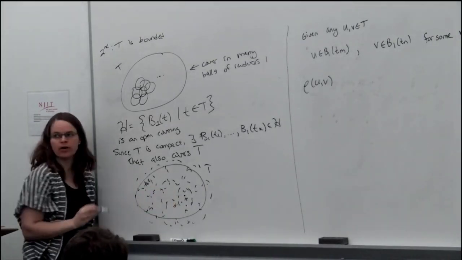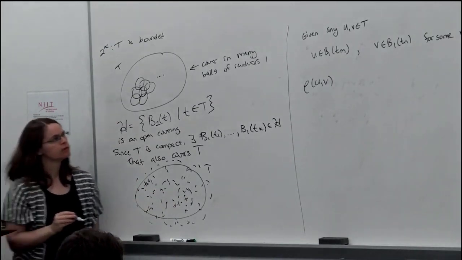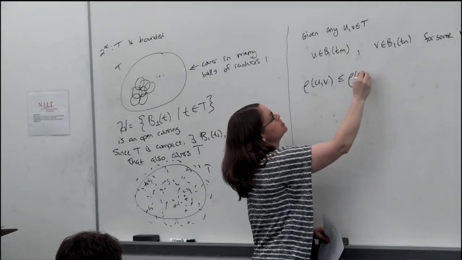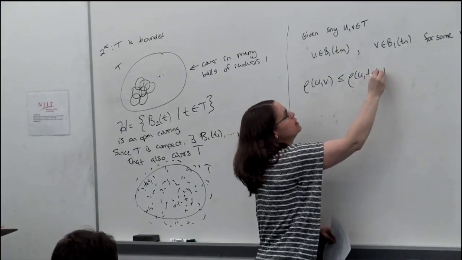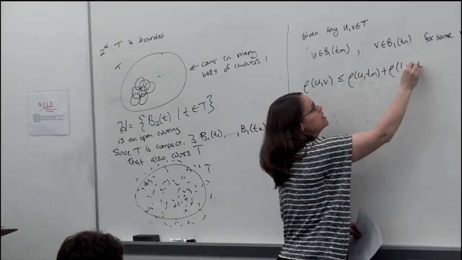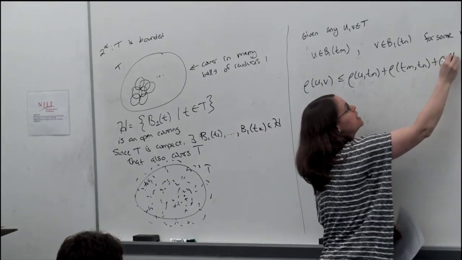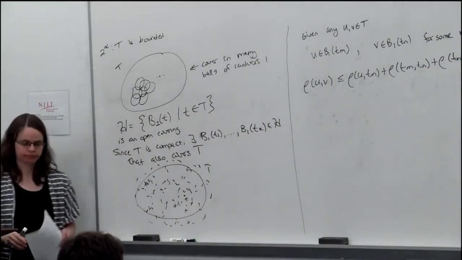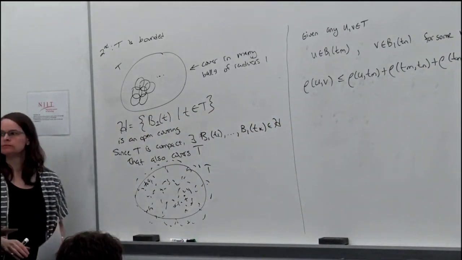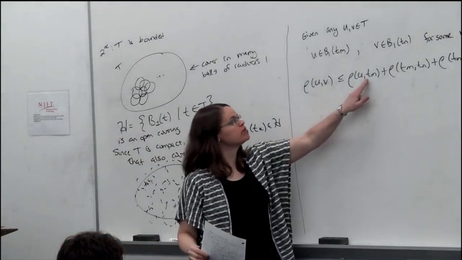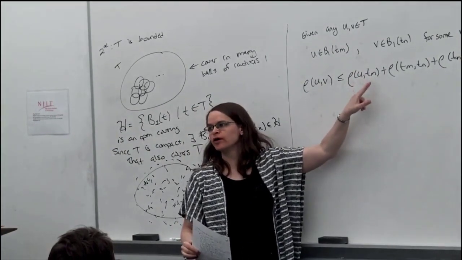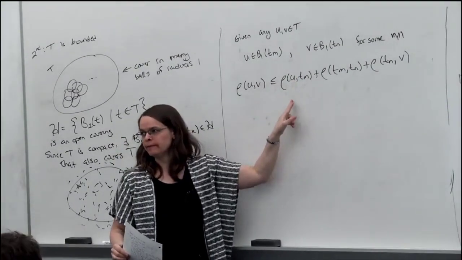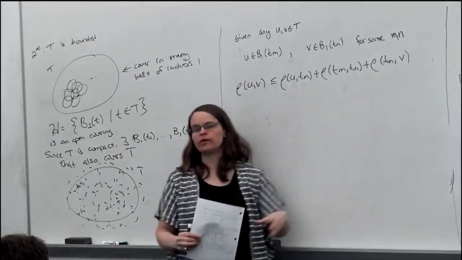And then from the center of this ball to V. So this is going to be at most the distance from U to TM, the distance from TM to TN, and then the distance from TN to V. These two points live within a ball of radius 1 with TM being the center. So this distance is less than 1. This distance similarly is less than 1.